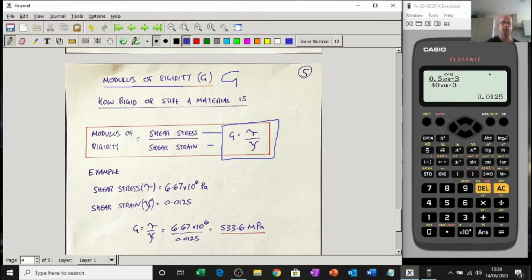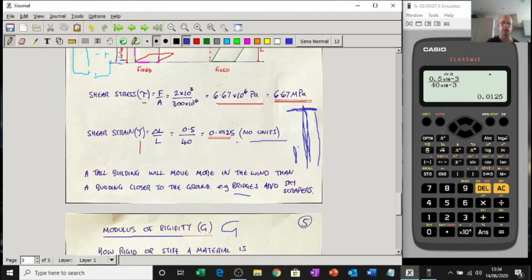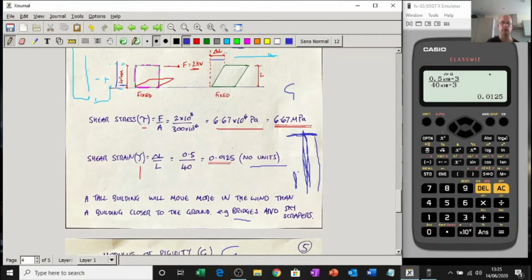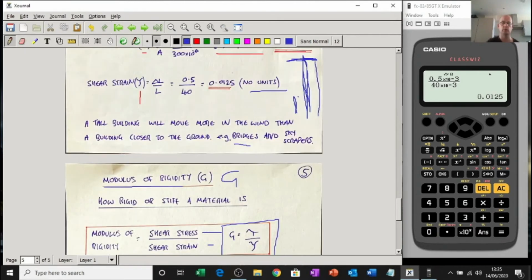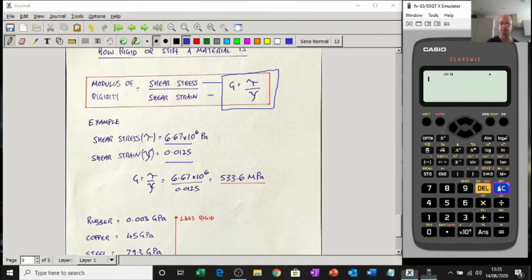For example, if I wanted to work out the modulus of rigidity of whatever this material is, I've got the shear stress and I've got the shear strain, so I can work that out because it's stress over strain. Shear stress is that and shear strain is that, which we've just worked out. So one over the other.